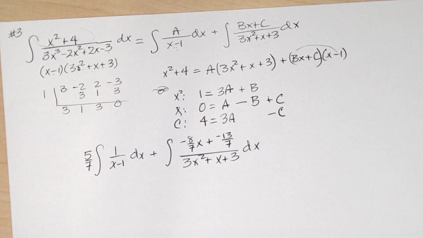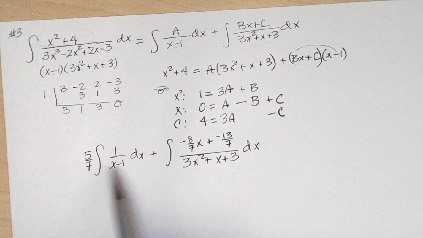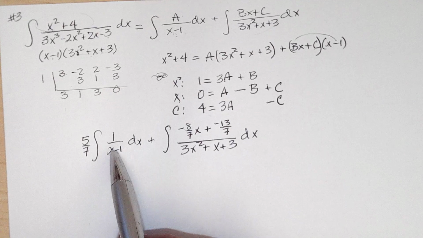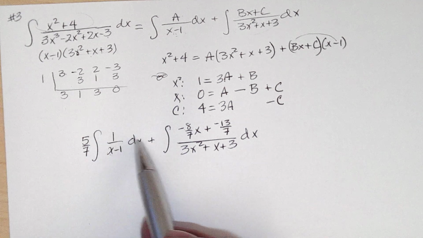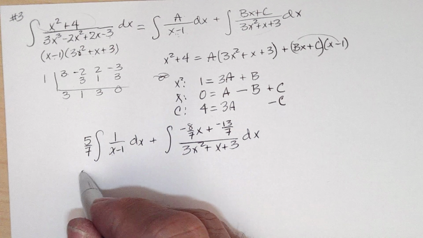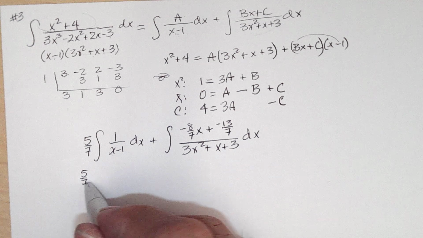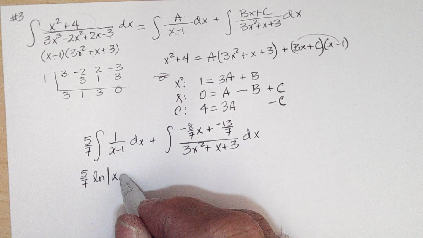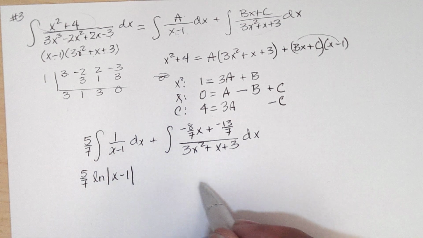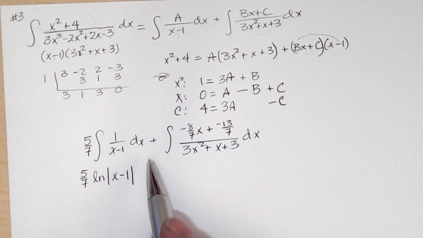Okay. This part, if you let u be x minus 1, do the integration, you get 1 over u du. So you get 5/7 ln absolute value of x minus 1 for this antiderivative.